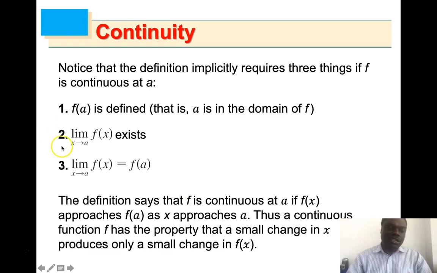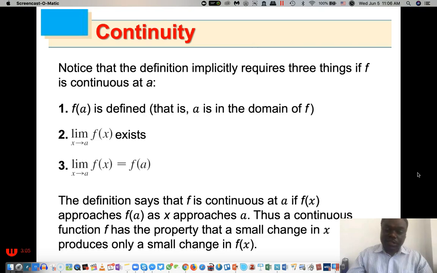Our second condition is that the limit as x approaches a of f of x exists. In other words, the limit from the left and the limit from the right are equal. And three, the limit as x approaches a of f of x is equal to f of a. The limit is just the value of the function at that point.